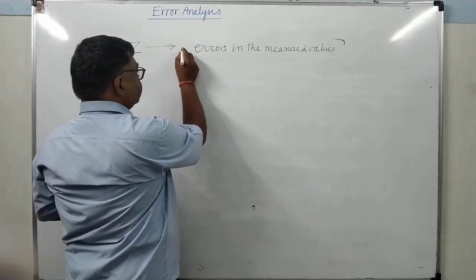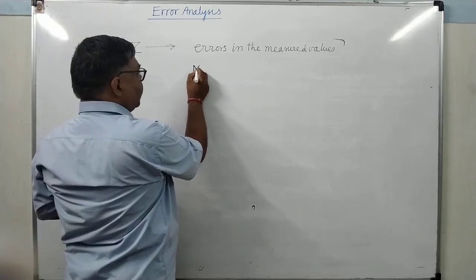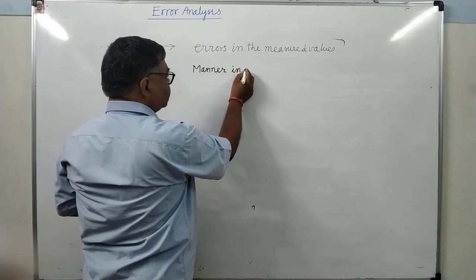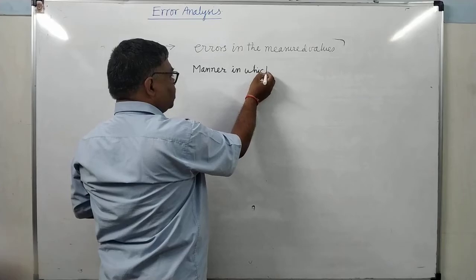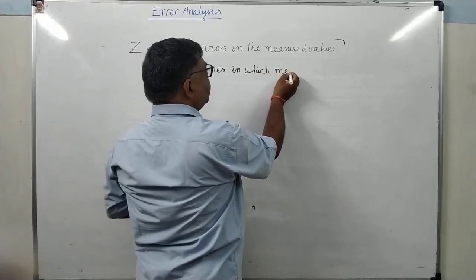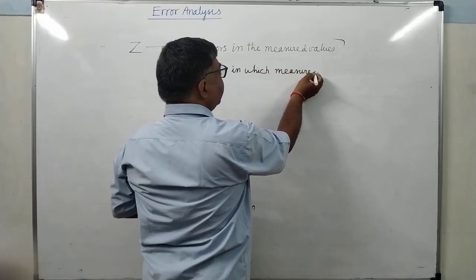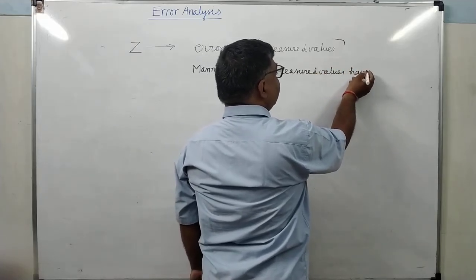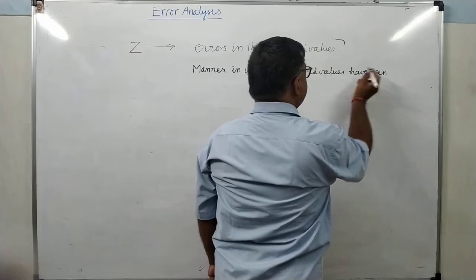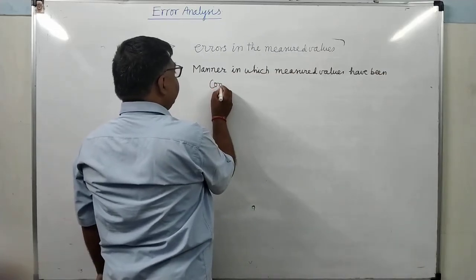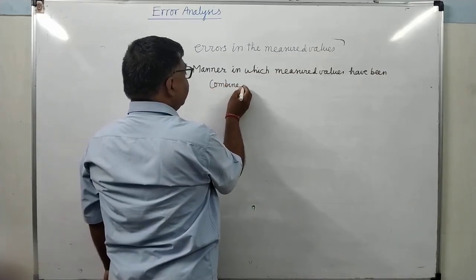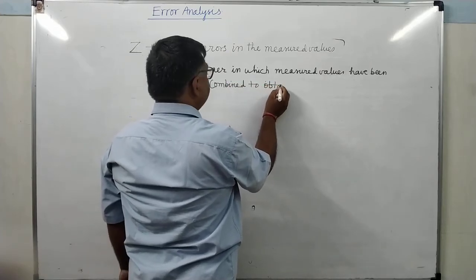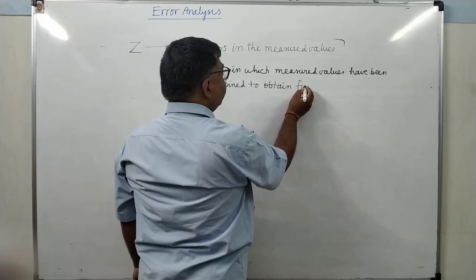The first point is the errors in the measured values, and the second is the manner in which the measured values have been combined to obtain the final result.